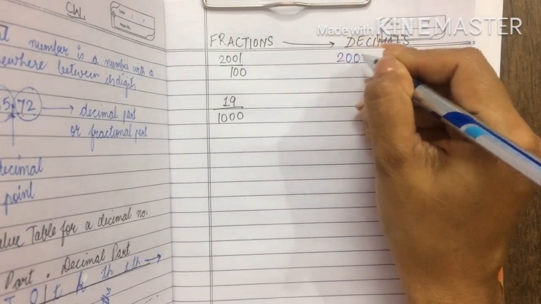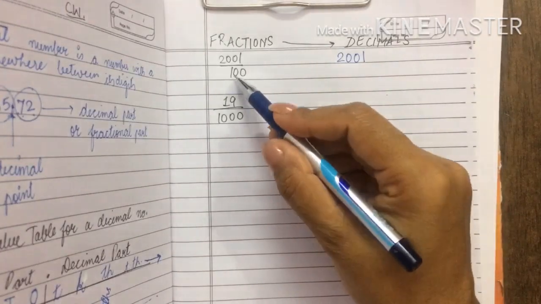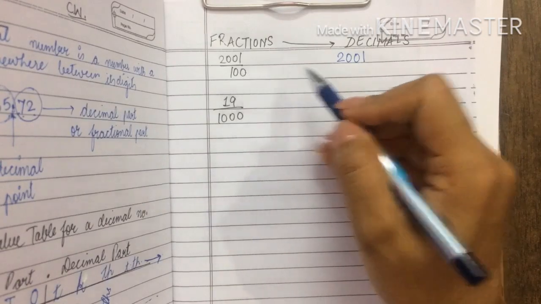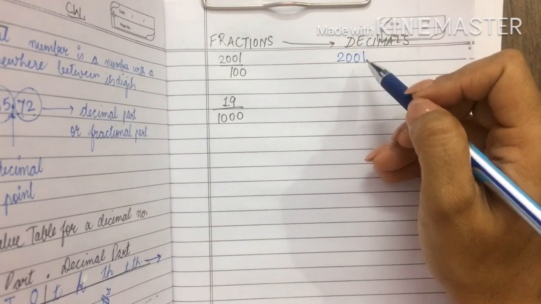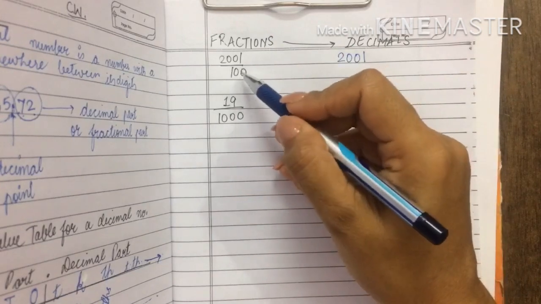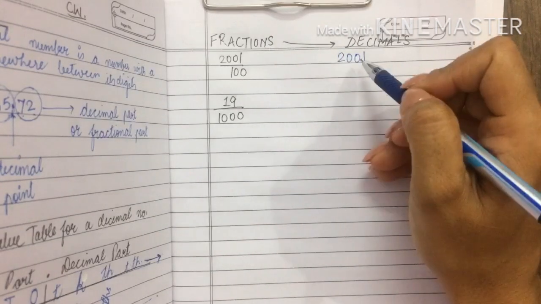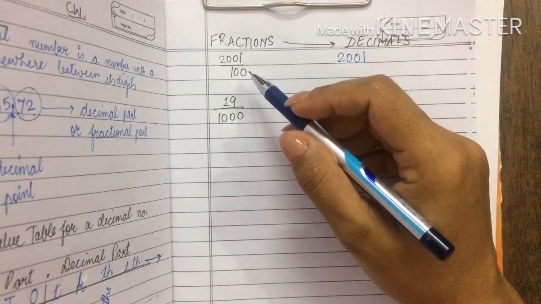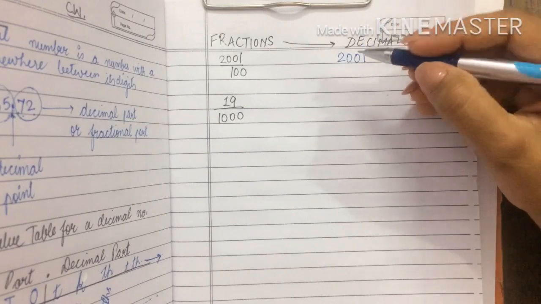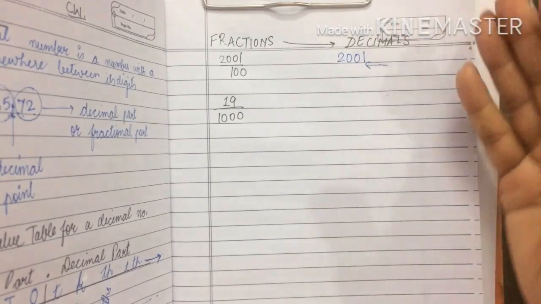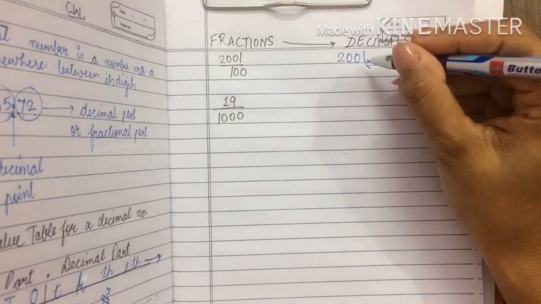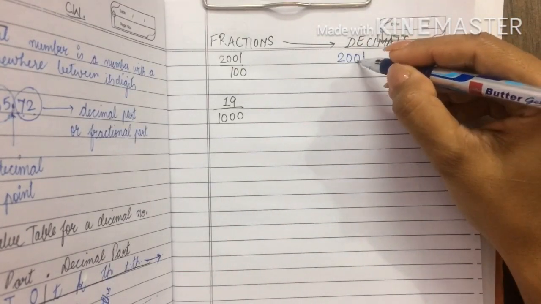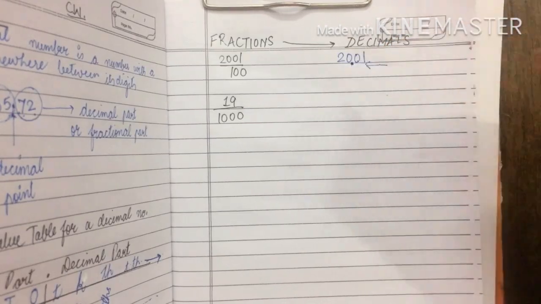You only keep the numerator, but when the denominator disappears, there is some adjustment made to the numerator. Based on the number of zeros in the denominator, we put a point in the numerator. So right now your denominator has 2 zeros. We are going to count 2 digits, and that counting has to be done from the end. So from the right side you go towards the left. From the ones place you start counting the digits. 2 zeros, count 2 places, ones and tens. The point will be put here.